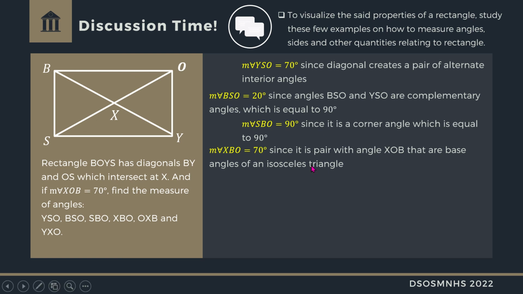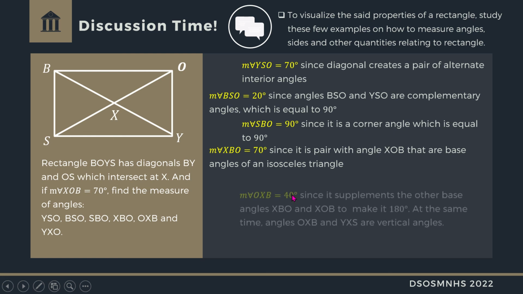Next, if the two base angles are 70 degrees each, that makes 140. Therefore, angle BXO should be 40 degrees. 140 plus 40 is 180. So one of the vertical angles measures 40 degrees.